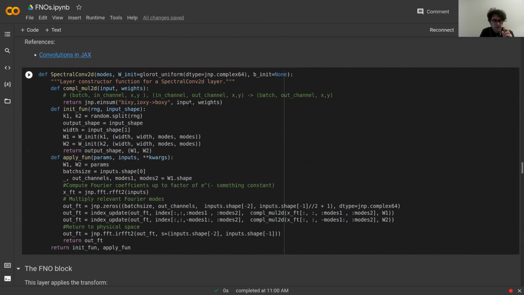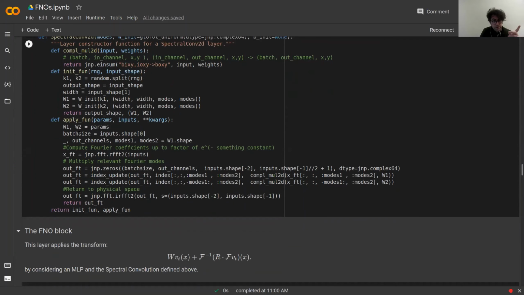So we will define two matrices, one W1 and one W2. And then this initialization function will provide us again with these two complex matrices with parameters, so pytrees with complex parameters, and then an output shape.